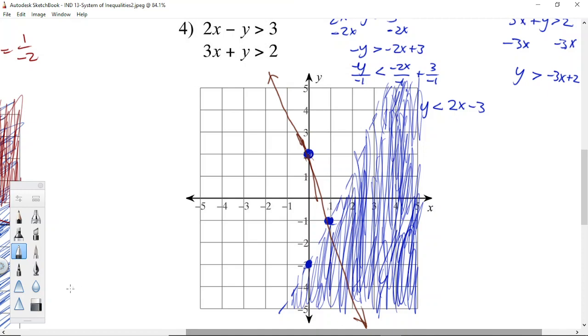Okay, and this has to be erased as well, part of it, because that inequality is greater than instead of greater than or equal. So let's do it like that.